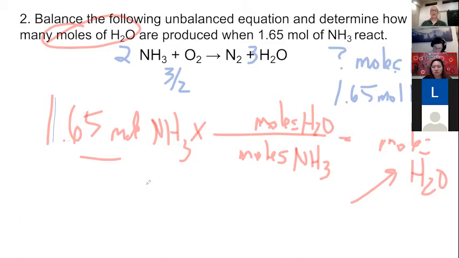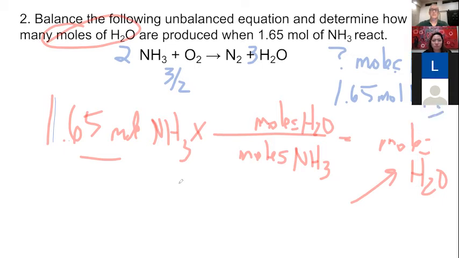That's exactly where we get it, because the balanced equation tells us how many moles go in and how many moles come out. So from my balanced equation, what's the ratio of moles of water to moles of ammonia? 3 moles of water to 2 moles of ammonia. Exactly, excellent.